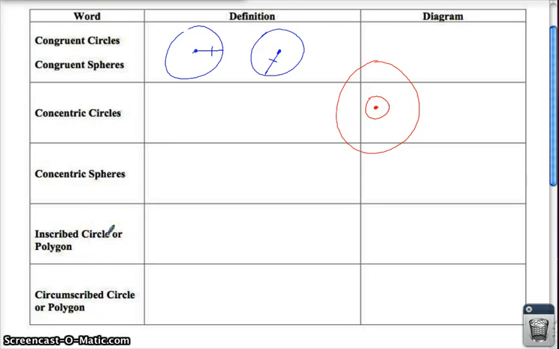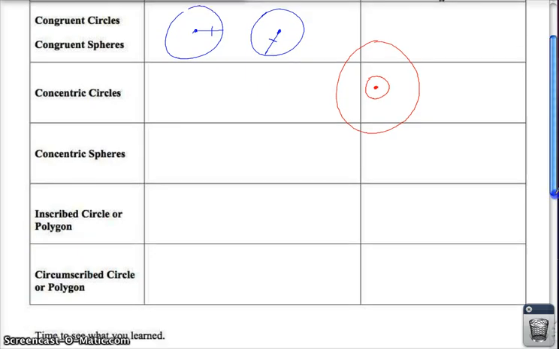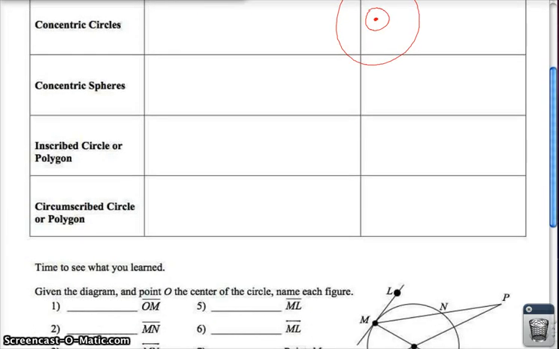Inscribed circle or polygon. So what does an inscribed circle or polygon look like? Two different pictures. An inscribed circle is when you have a circle on the inside of a polygon. Ooh. Oh, that's not good at all. I hope you were able to do a little bit better than I was. So maybe it's easier, whoopsie, to start with the polygon.